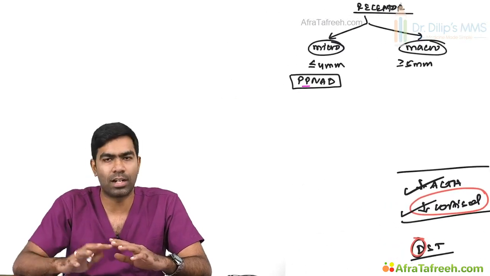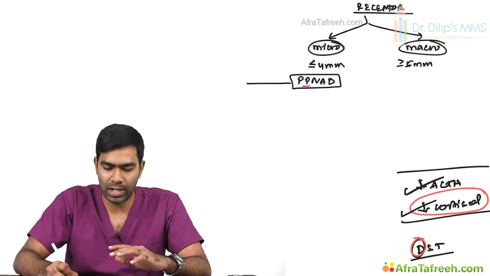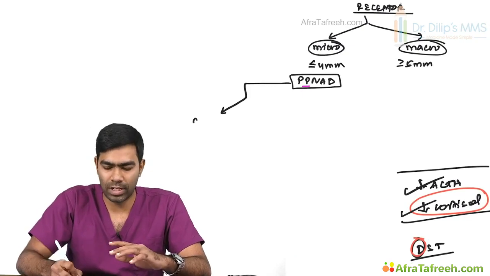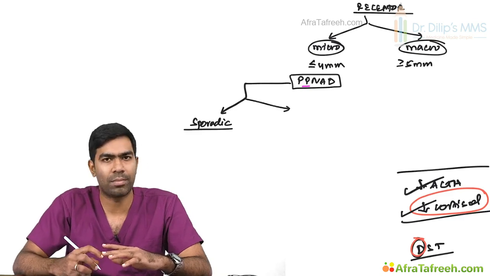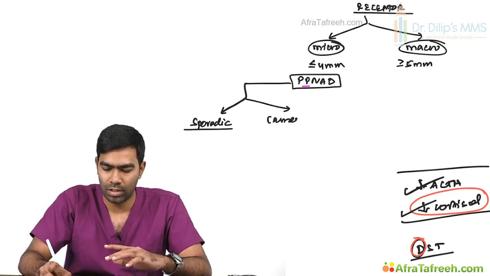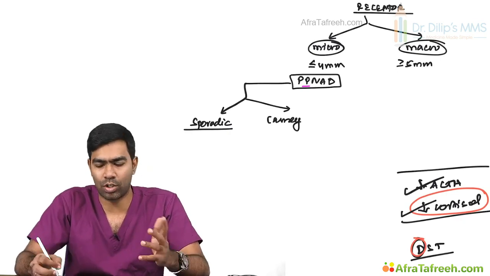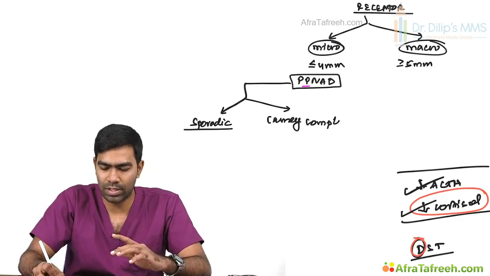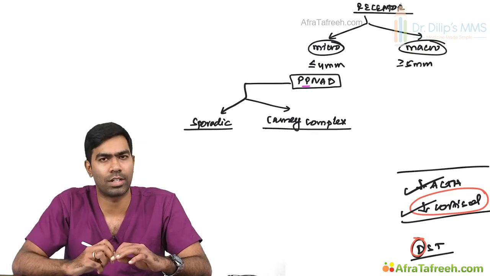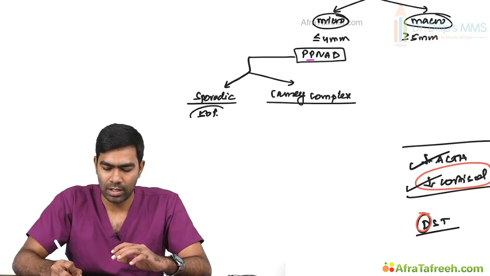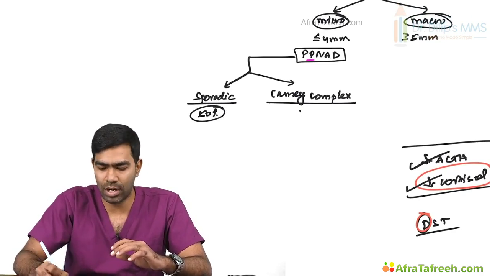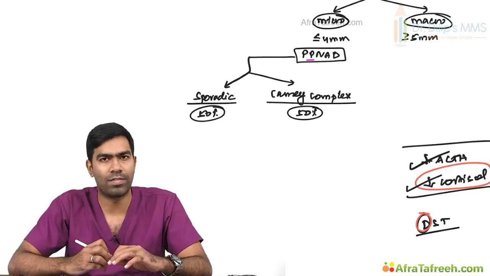So what are the conditions that will produce this PPNAD? There are many conditions. It can happen either sporadically or through a complex called Carney complex, which I have discussed already in the MEN syndrome and the MCOMS section. So sporadic contributes 50% and Carney complex contributes 50%.